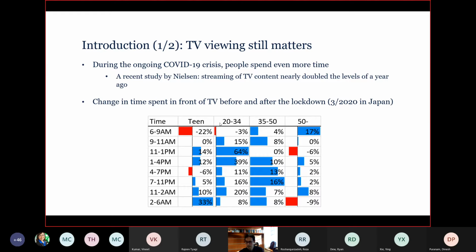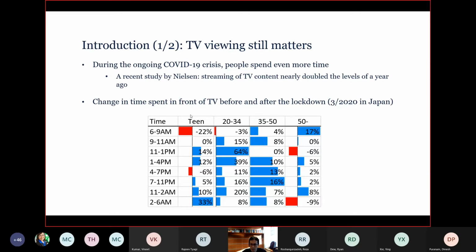This table shows, comparing before COVID, during COVID and after COVID, how much more time we spent in front of TV by different age groups: teenagers, ages 20 to 34, 35 to 50, etc. Overall, across all age groups, we see an increase in time spent in front of TV. So they watch more TV.